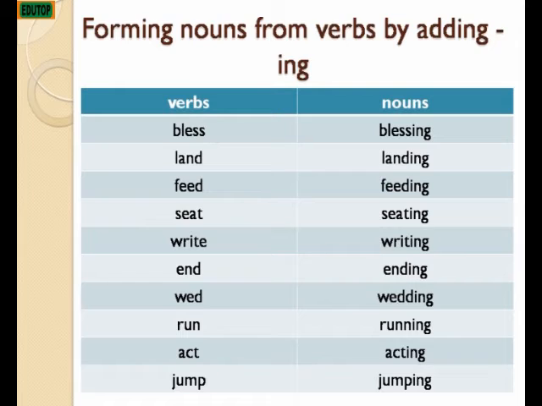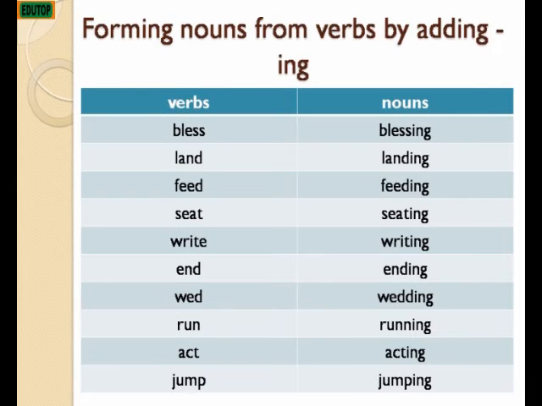Such nouns are also referred to as gerunds. Examples: bless, blessing; land, landing; feed, feeding; sit, sitting; write, writing; end, ending; wed, wedding; run, running; act, acting; jump, jumping, etc.